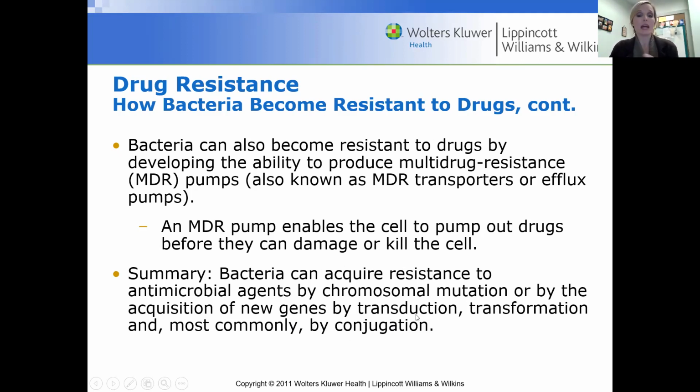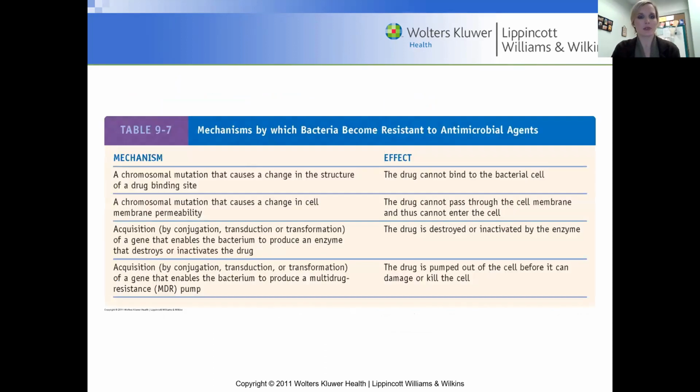So these are different ways that bacteria can change their genetic information in order to either hide from drugs, get rid of those drugs, or kill off those drugs before the drugs can cause any damage to them. So that's how drug resistance works in a variety of different ways. This just shows, again, these different mechanisms by which bacteria can become resistant to these antimicrobial agents.